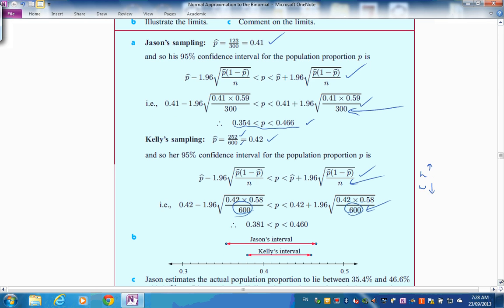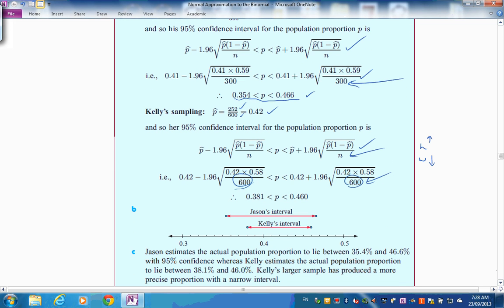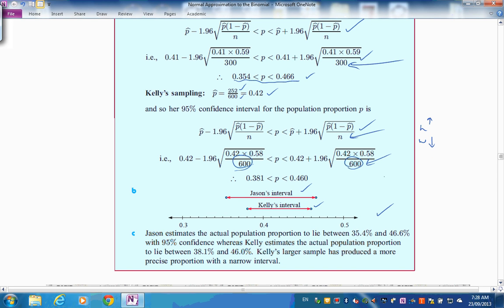Okay, so the interval widths are different, but what we're interested in is, and here's a little picture, Jason's interval is a bit wider than Kelly's, but can we make a conclusion? One is saying it's between 35.4 and 46.6, and Kelly's a bit tighter there, 38.1 and 46.